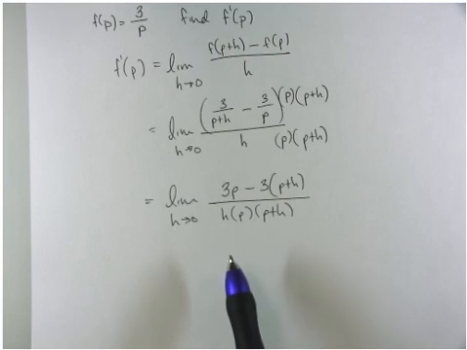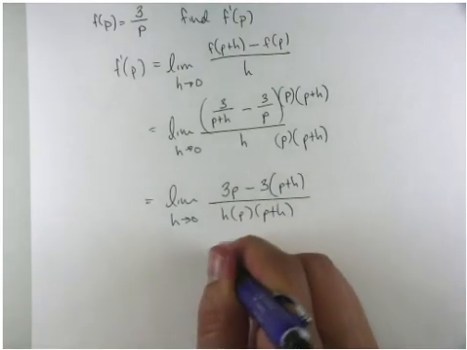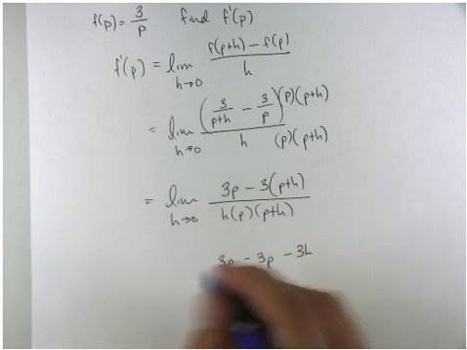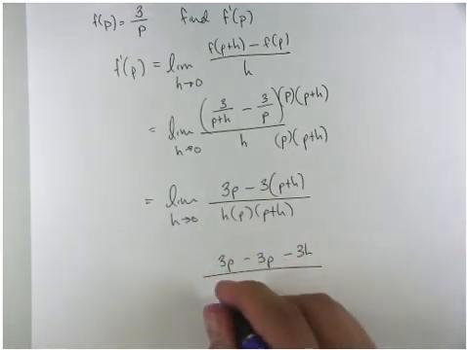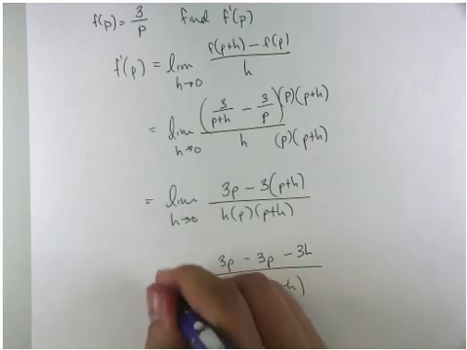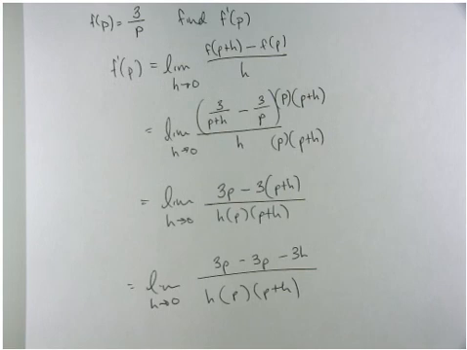I'll continue to simplify the numerator, though. I'll distribute this 3. So that's 3p minus 3p minus 3h, all divided by h, p plus h, limit as h goes to 0. I'm getting tired of writing that. Hopefully I can evaluate this soon.